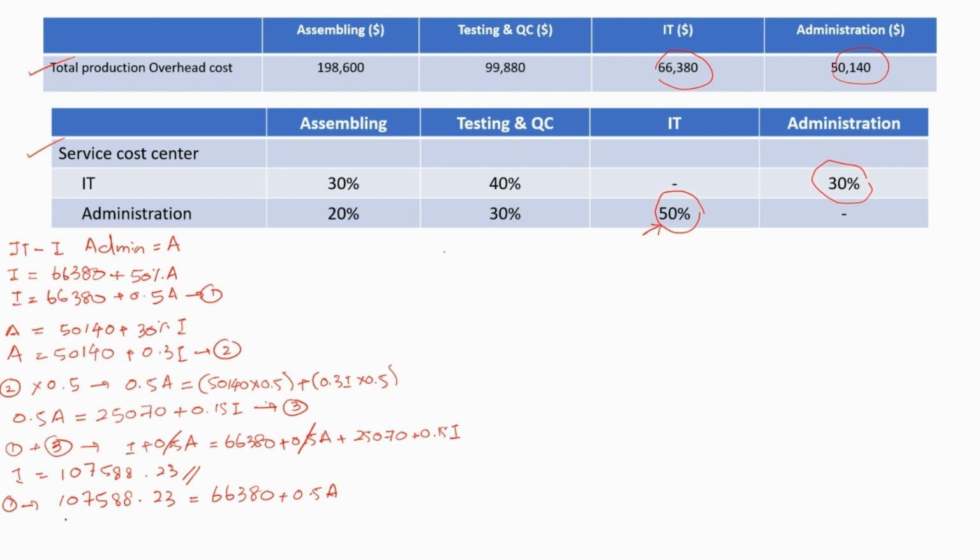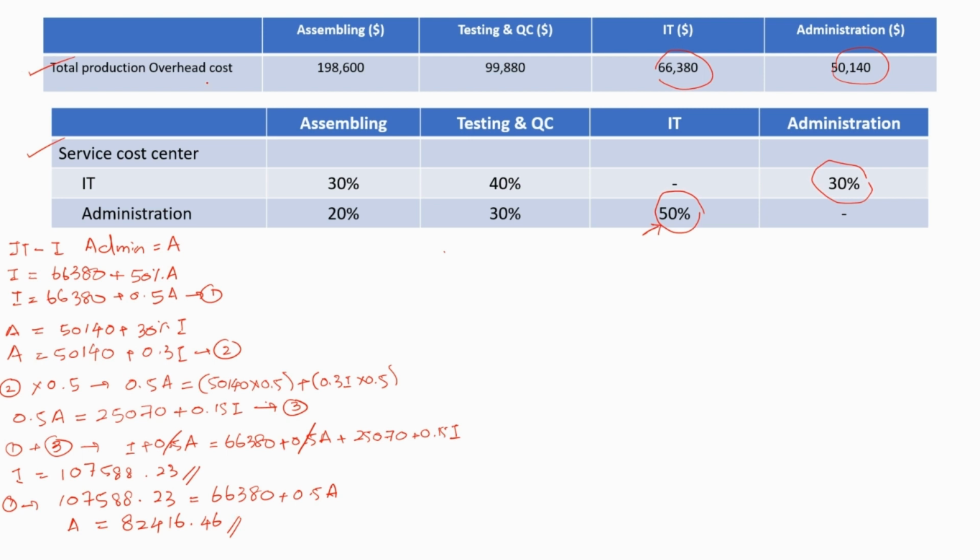As you can see, we can easily find the value for letter A. So A is equal to 82,416.46. This is the total production overhead cost for administration service cost center after the reapportionment.